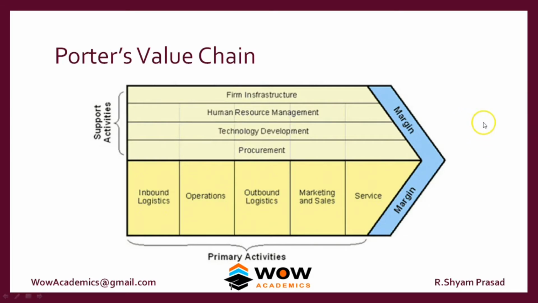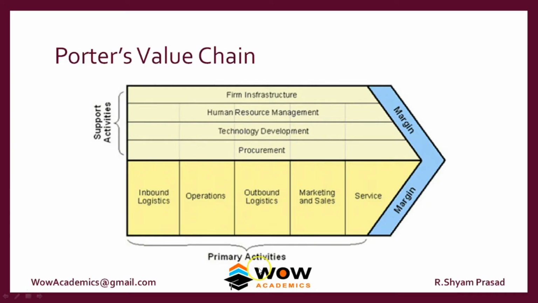In the same way, technology development also happens in all the areas. Wherever technology is developed and implemented, it can be done across the primary activities. For example, in inbound logistics, we could use technology like food grading machines or quality checking machines. In operations, we can have a sophisticated burger making or bun making bakery setup.